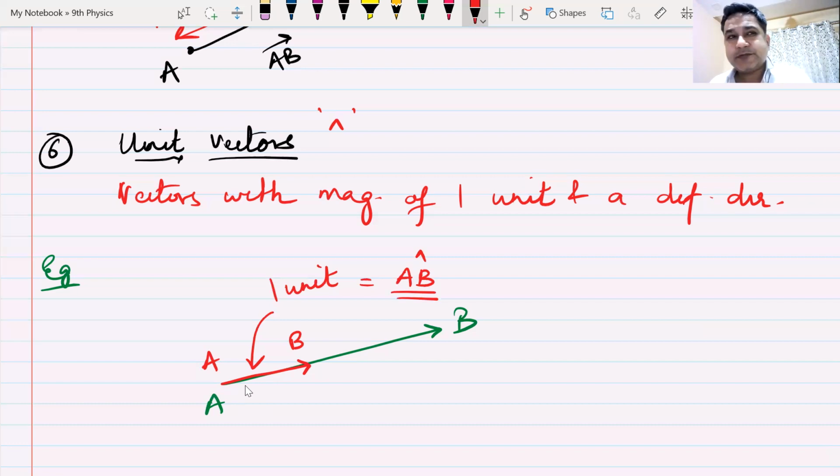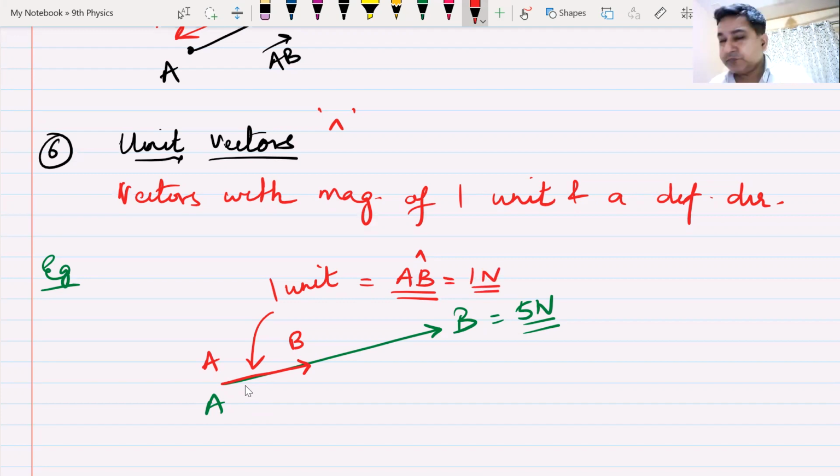Are you getting my point? For example, AB vector is a force, and this force is 5 Newton. Then AB hat will also be a force. The magnitude of that force will be 1 Newton. Do we understand this?